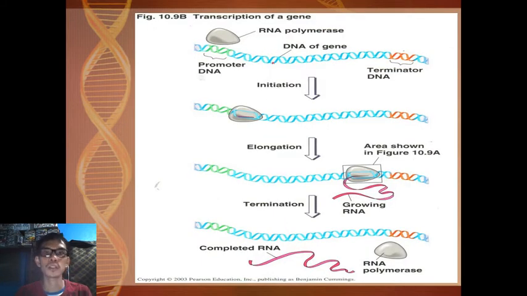Alright, so here we go. In the transcription process, we have an RNA polymerase. When you hear the word polymerase, it's something that creates a new strand, same as your DNA polymerase. Then your RNA polymerase will approach this DNA strand.